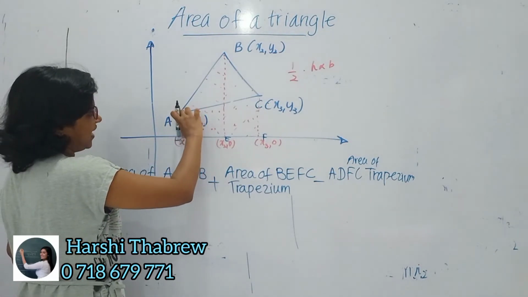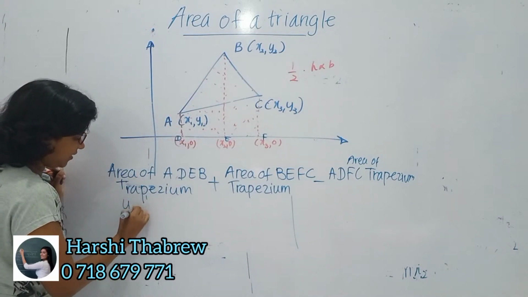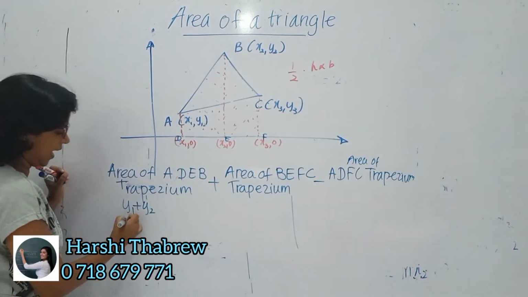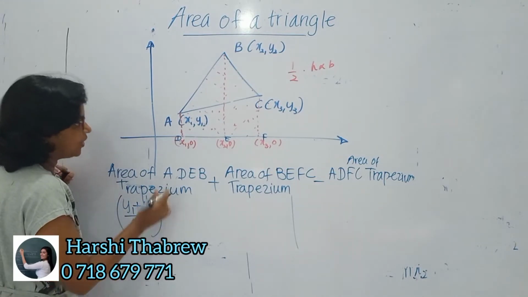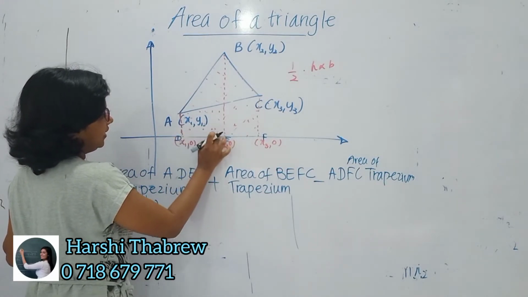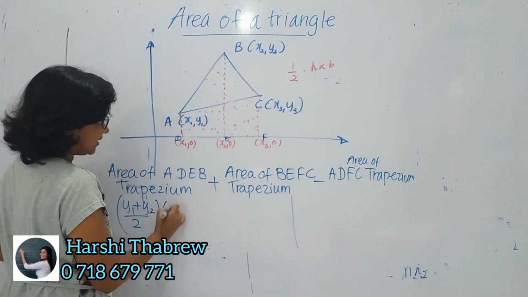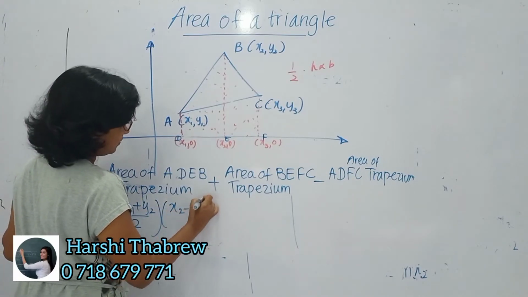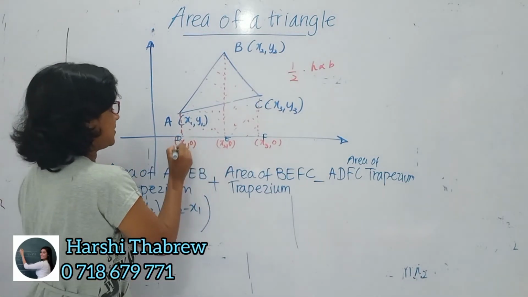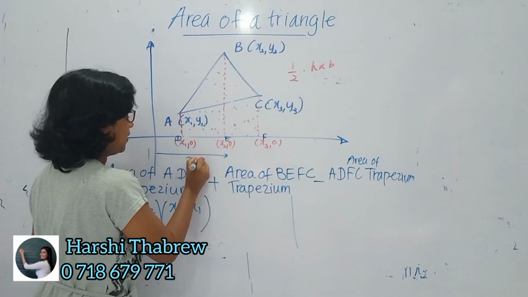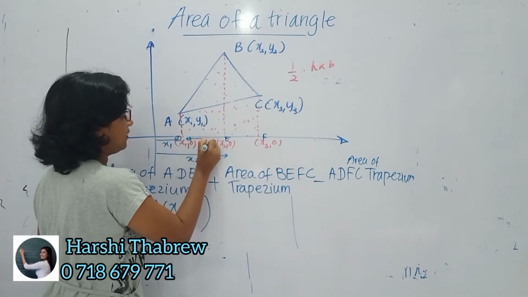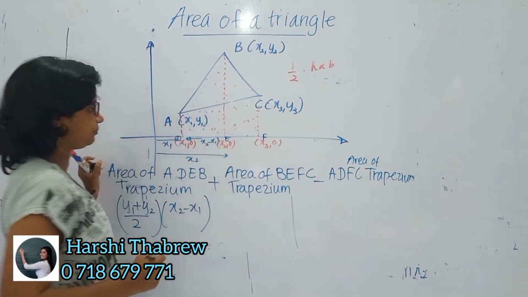You know this height is y1 plus this height is y2, and it should be divided by 2, and it should be multiplied by the perpendicular height. Perpendicular height is in between these two. It's x2 minus x1. Right? You know this is x2 and this length is x1, and in between you have x2 minus x1.